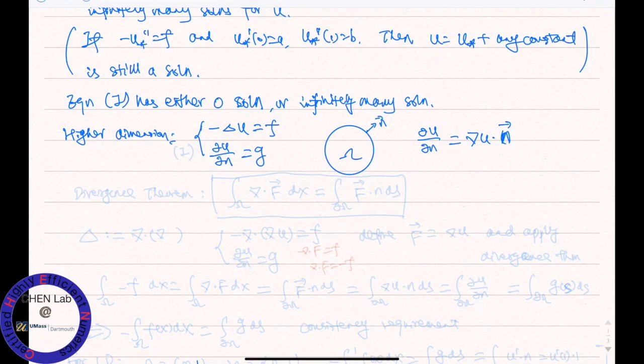What we have is the so-called divergence theorem from multivariate calculus. What that means is that if you have a vector field f, you integrate the divergence of f in omega dx, that's the same as you integrate f dot n ds on the boundary of omega.